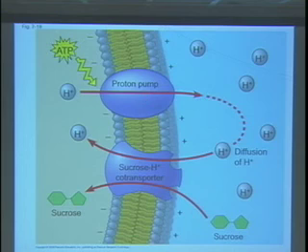And this is just a really nice picture that shows how sometimes coupling of this kind of electrogenic pump, such as this proton pump, is important for the transport of other kinds of molecules. So in this example, the cell is using the proton pump, which is pumping protons actively out of the cell to help import sugar molecules.